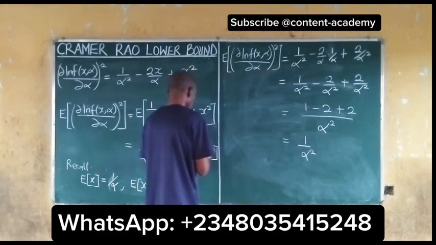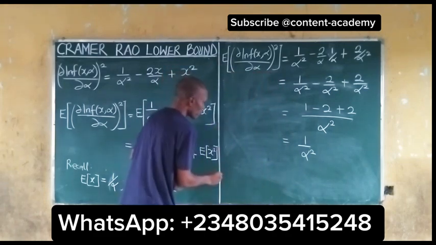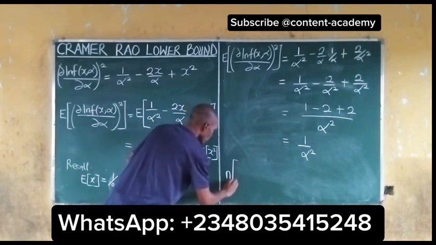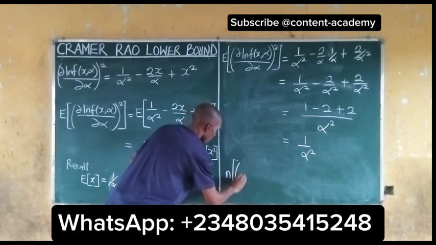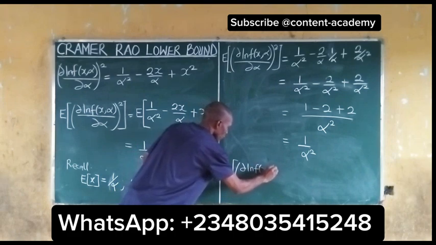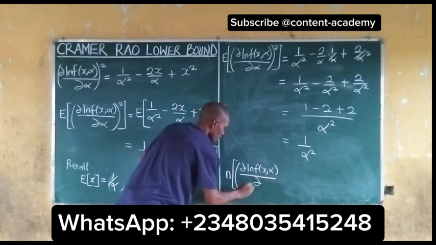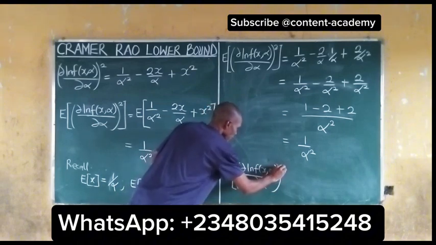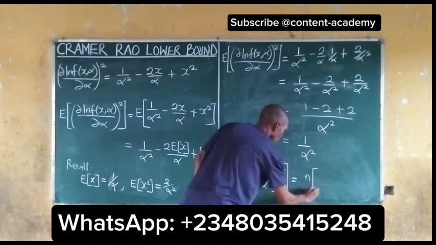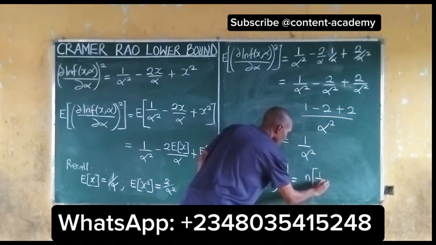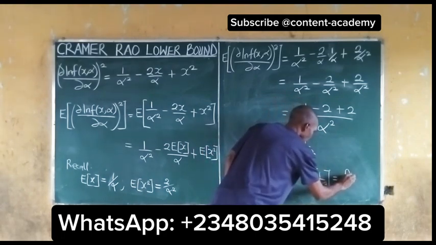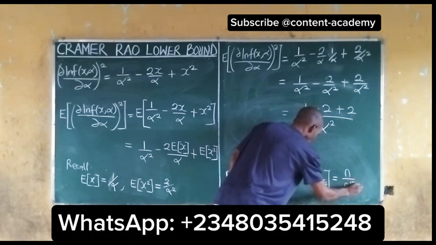If you now compare it to our Cramér-Rao inequality, this time we put the n. So we have n into the differential of our given function all over alpha, multiplied by 1 all over alpha squared, which is the same thing as n all over alpha squared.